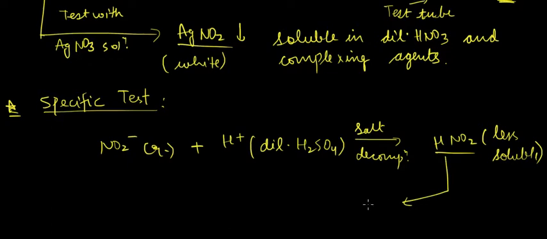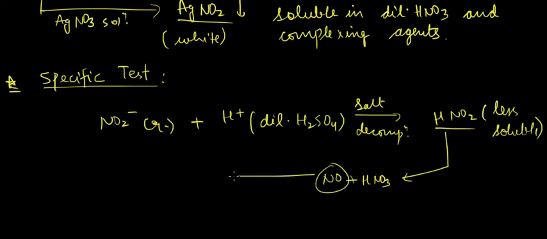From this HNO2 we get NO plus HNO3, and this NO, when treated with the complex reagent Fe(H2O)6 SO4, forms the brown ring complex. By the way, FeSO4 is a good absorber of NO gas.